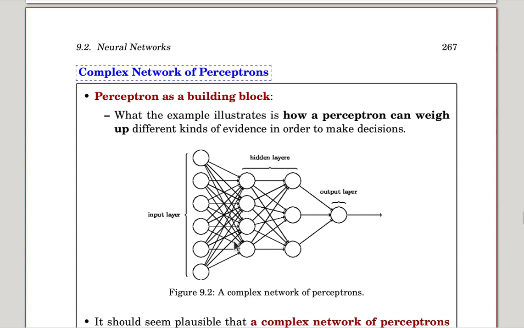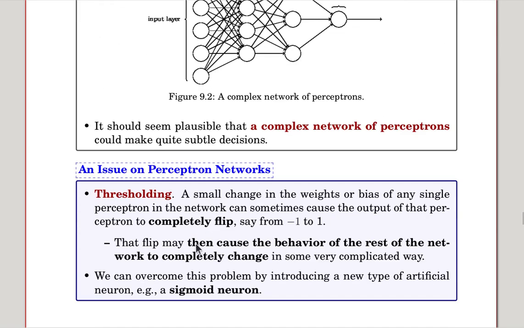These are stacked, and we get this complex network. The beginning is called the input layer, and the last one is called the output layer, and between them we call them hidden layers. Now, with a complex network of perceptrons, we can make quite subtle, delicate decisions.